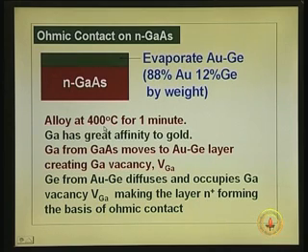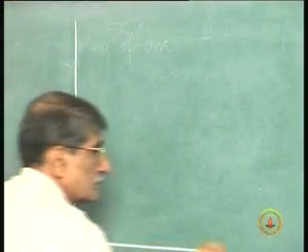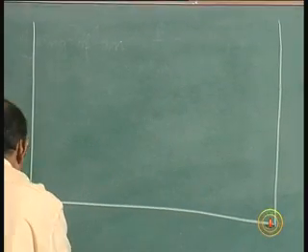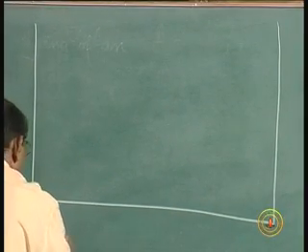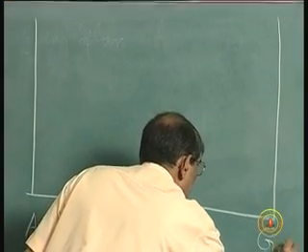All that happens in 1 minute. So what happens here is, if you take a look at the phase diagram of gold germanium, I am recalling you back to the gold germanium phase diagram.